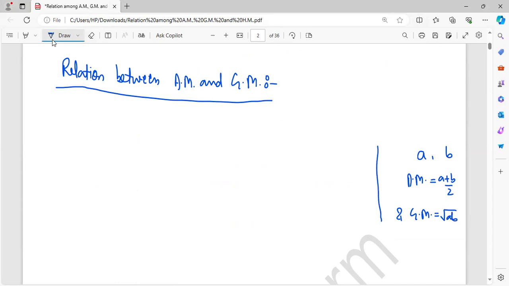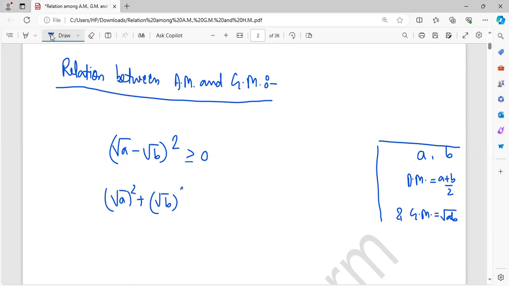First, you observe one thing. (Under root A minus under root B) square is always non-negative. I take minus here because I am finding a relation. So you open this: A plus B minus 2 under root A into under root B, and this is A, this is B, and I can write this as under root AB.